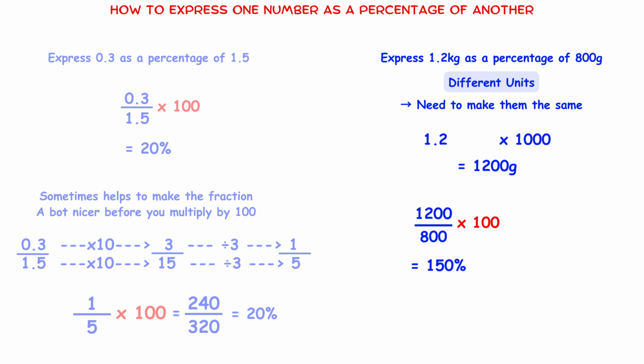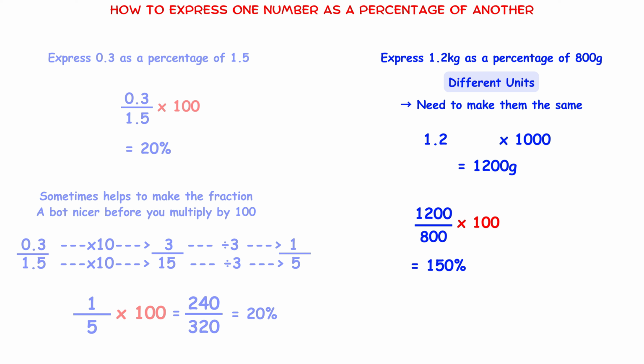Second, the numerator 1,200 is larger than the denominator 800, making the fraction top-heavy or improper. We then express this as 1,200 over 800, and when we multiply this by 100, we get 150. This tells us that 1.2 kilograms is 150% of 800 grams.